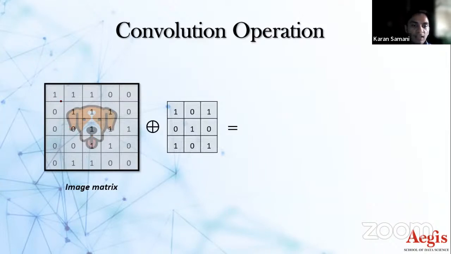Just think of it as an image matrix of a cartoon dog facing towards us. We have 1 wherever it has edges and 0 where it is full white, not even a dot. So we convert this image into this matrix of ones and zeros.